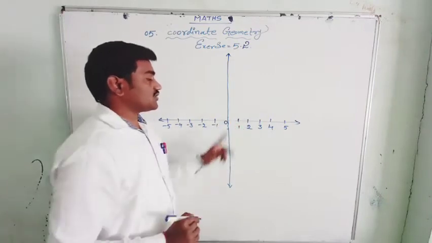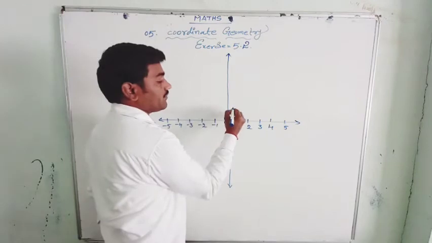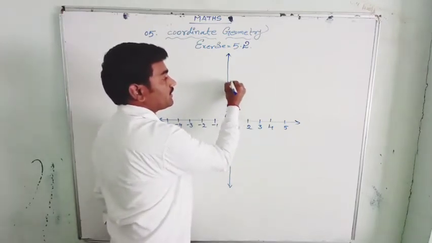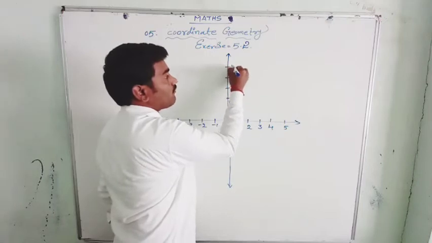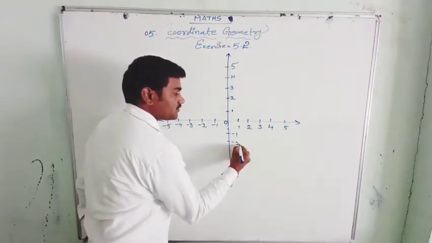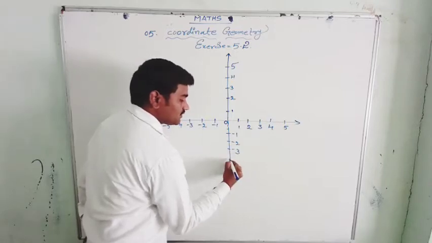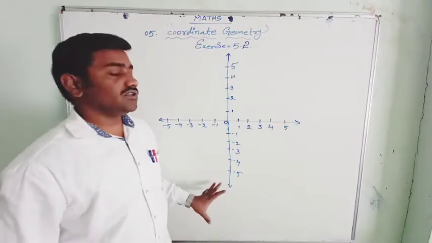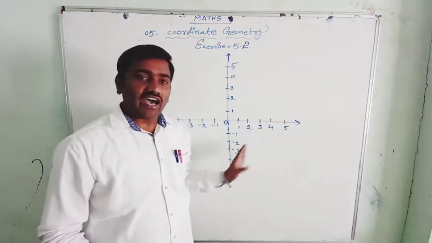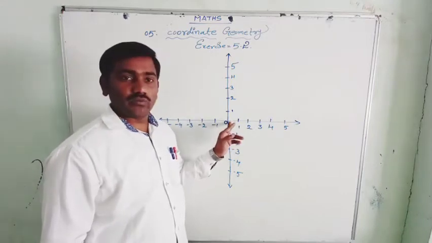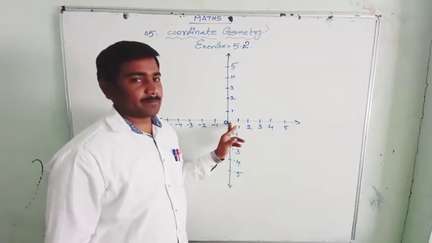Let's keep 1, 2, 3, 4 and 5 here, and here -1, -2, -3, -4 and -5. As you can see, the two integer number lines are intersecting each other at the point 0 perpendicularly.